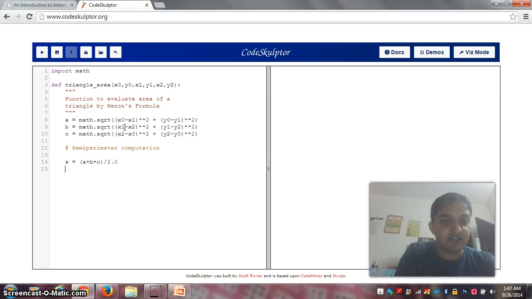Now say we define area by variable A and we compute it using Heron's formula with S. Okay, closing braces are matching.